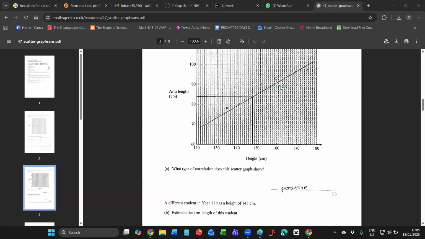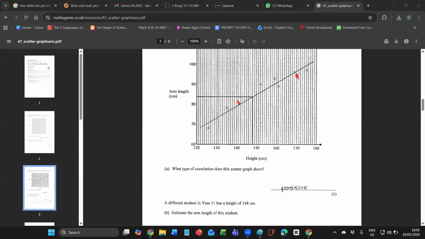So some points would fall on the line, if I were to follow the text. This particular one, some points would fall on the line like this one and this one. Both of them are exactly on the line. But then you will see some that are as close to the line as possible.